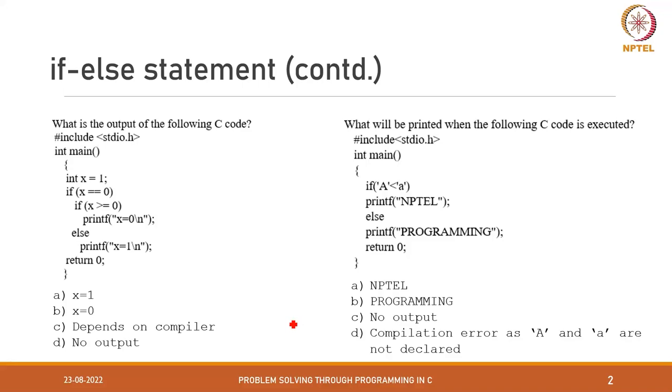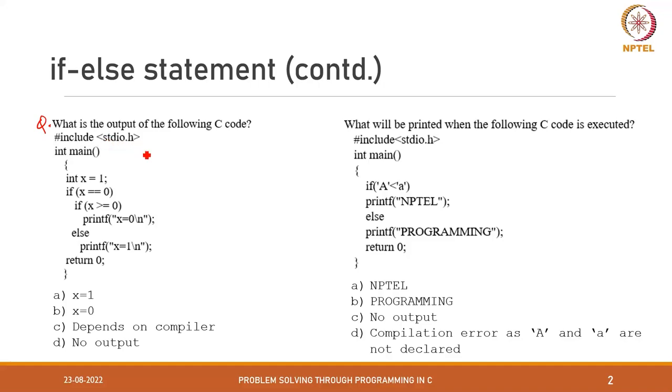Okay, so the first question here that I have for you is something that is carrying over from the previous week's lectures, that is regarding the if-else statements. So let us first try to solve this question. It is asking what is the output of the following C code.